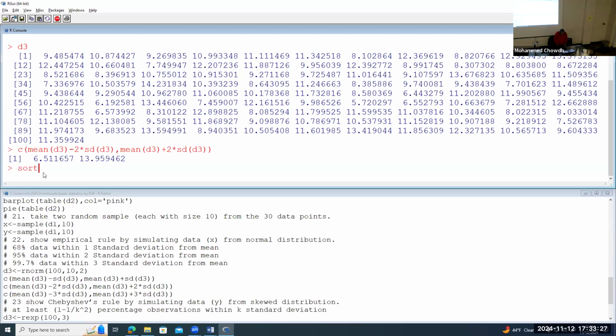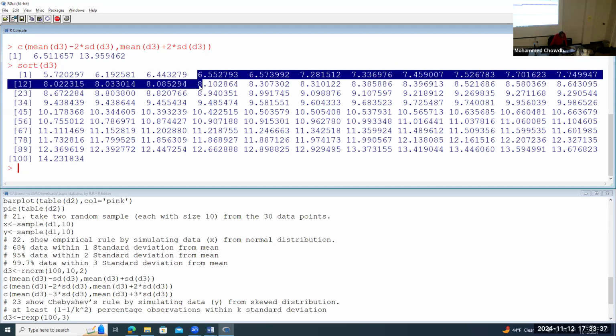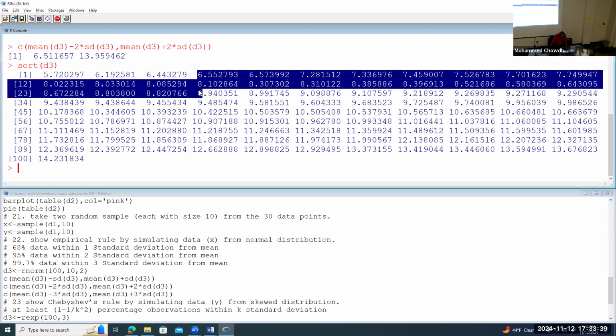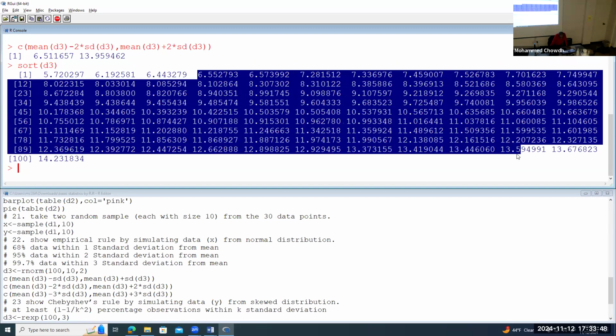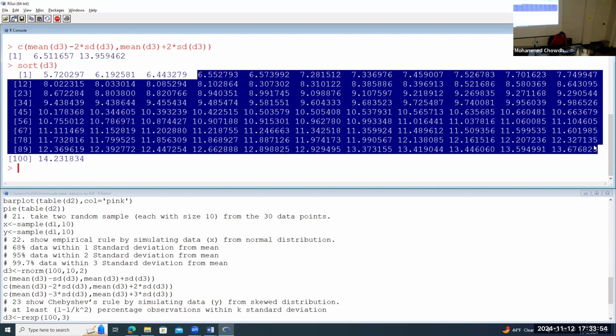Sort D3, and then let us do the computations now. 6.51 starts in here, 6.51 up until 13.95, until in here. Are you seeing?